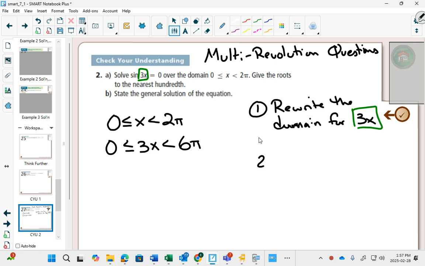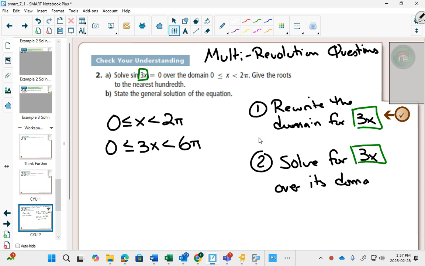Step 2, we're going to solve for the 3x over its domain, over 3x's domain.